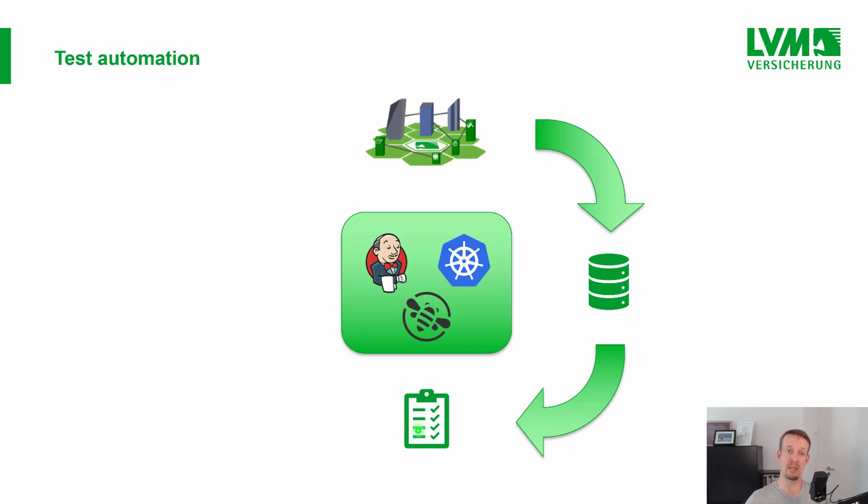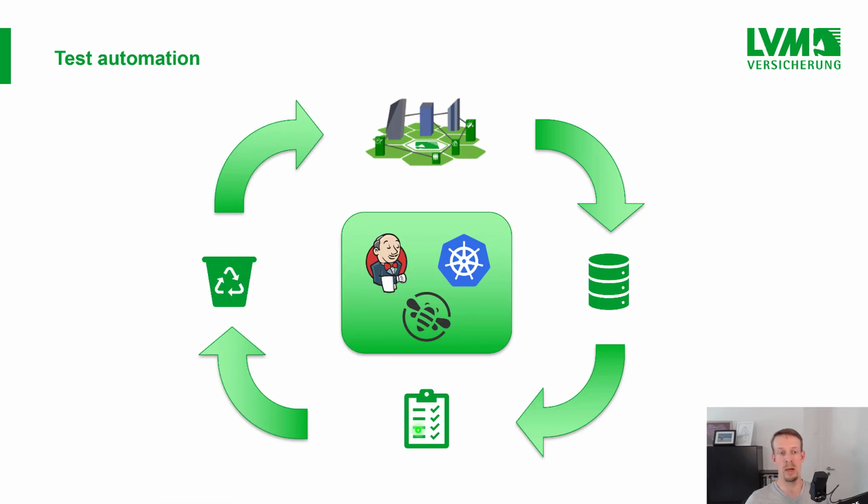And as soon as we are done with that, we want to drop the whole system and begin from a clean green field again with all the tests. And this is a cycle we permanently want to run in order to monitor the quality of the overall system. And in order to achieve this high degree of test automation, XDM is one of the key aspects.